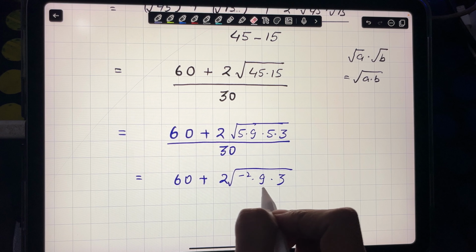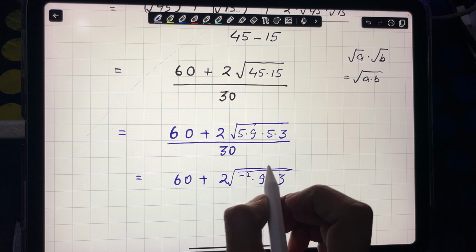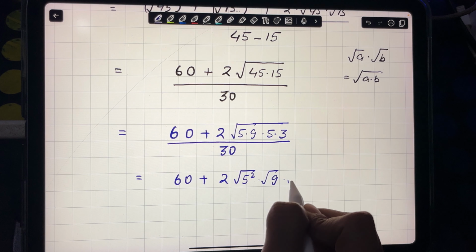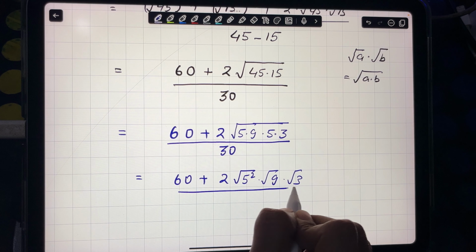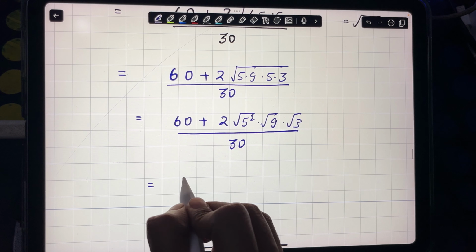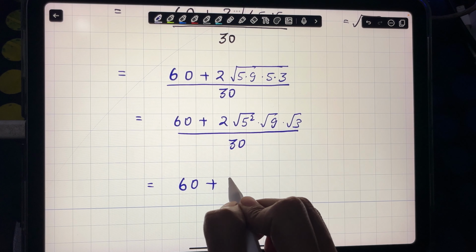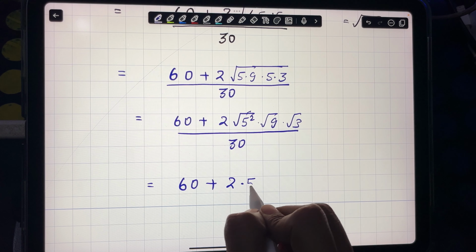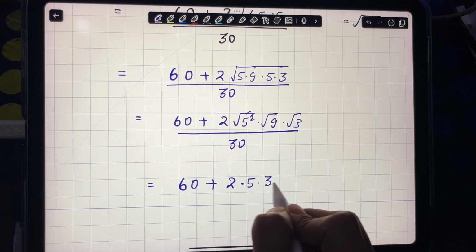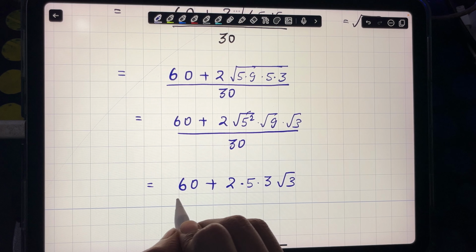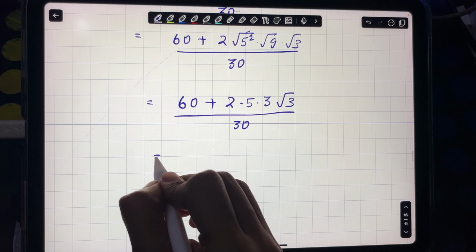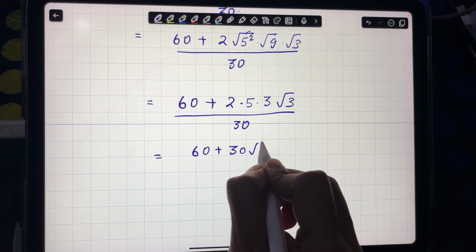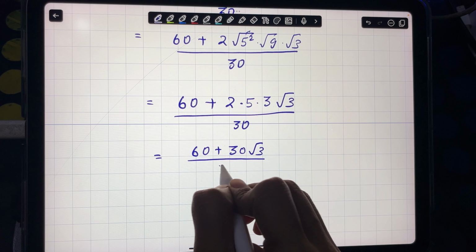So we can take 5 and 3 out of the square root, or we can write it like this: 5 squared times square root of 9 times square root of 3 upon 30, or 60 plus 2 times, remove the square root with the square, so it is 5, and then times 3, then times square root of 3 upon 30, or we have 60 plus 30 times square root of 3 upon 30.